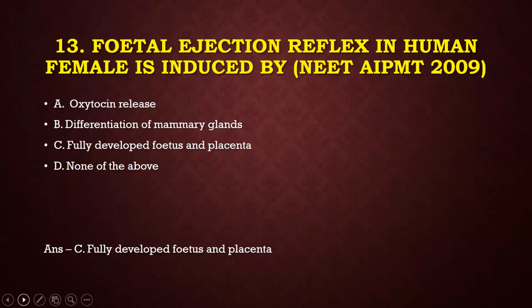The three walls present in the uterus start contracting, meaning they start coming closer and moving back, closer and moving back, because of which the baby slowly starts moving out of the womb of the mother. So fetal ejection reflex in human female is induced by the fully developed fetus and placenta. So the answer is C.